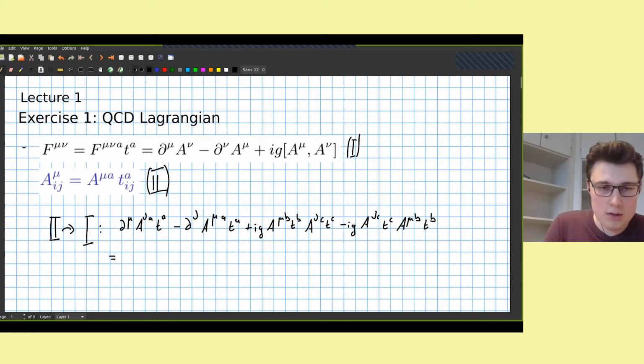I'm saving a bit of time here: these first two terms, of course, remain unchanged. So what we have here is the two gluon fields and the commutator of the Gell-Mann matrices.